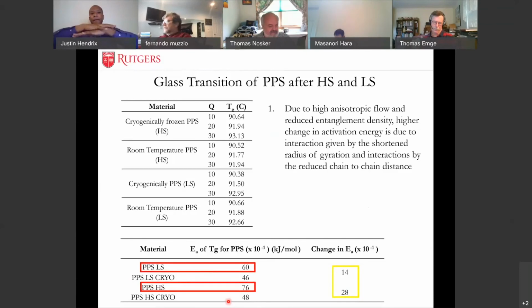As they are oriented side by side, semi-crystalline polymers tend to be a little bit more flexible. And so we believe that flexibility changes the radius of gyration, and if the radius of gyration is changing, they're getting closer together so that there are some steric hindrances going on. And so that contributes to an increase in activation energy, which is one of the reasons why it's higher, because it's fully deformed.